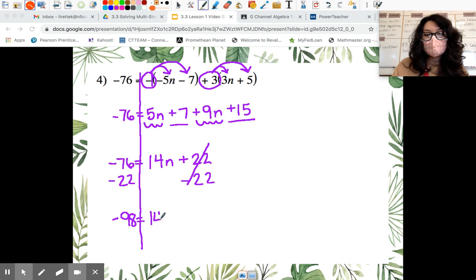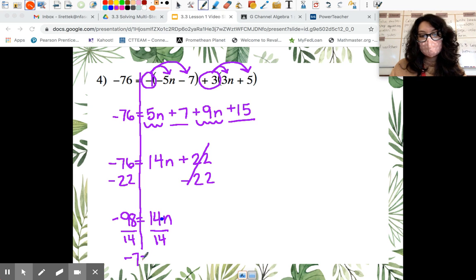And I'm going to bring down my 14 n. The last thing I need to do is I need to divide, because this 14 is getting multiplied with the variable. So I want to do the inverse and divide. Again, just to make quick work, I'm going to divide it in my calculator, and I got a negative 7 as my quotient. Here's my final answer.